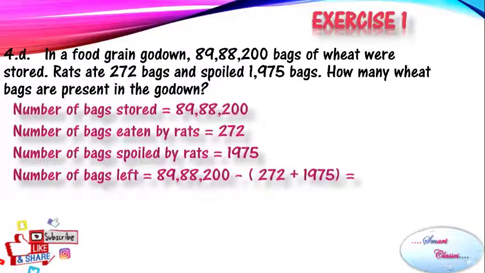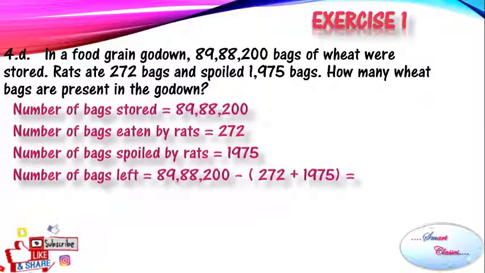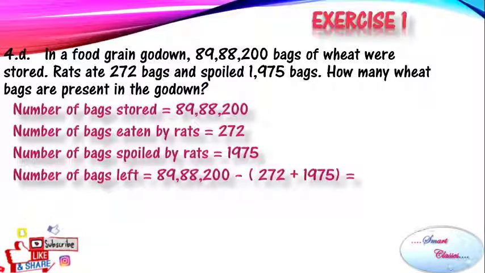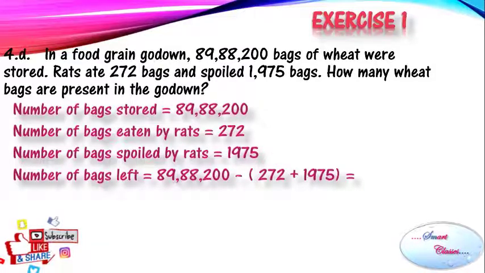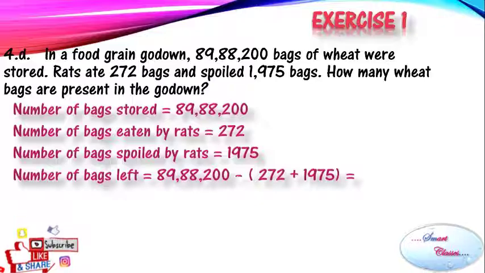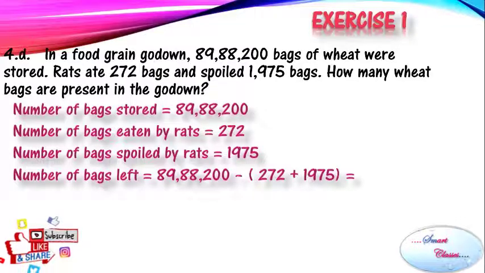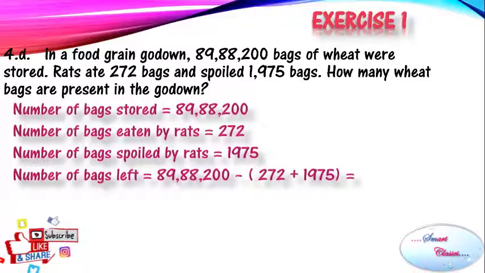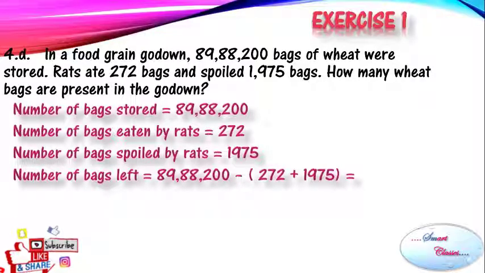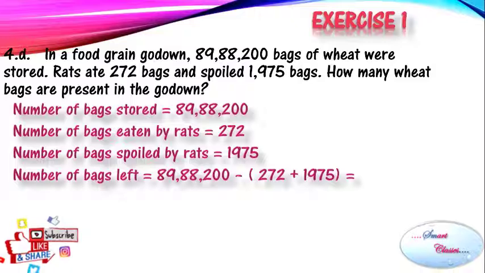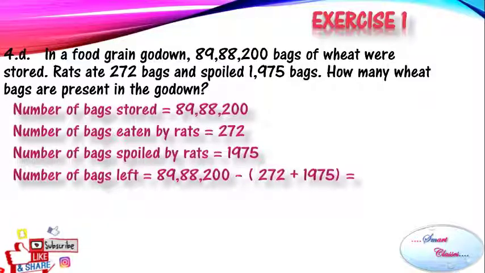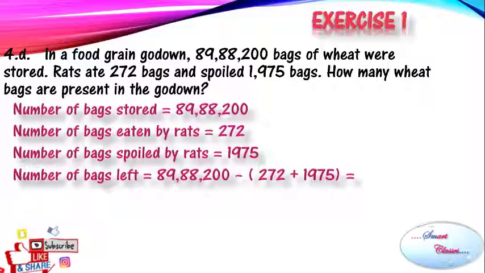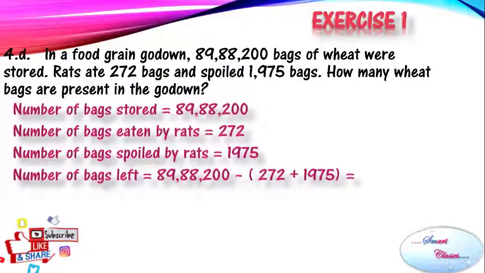So we'll get the answer by, first of all, adding the number of bags which have been eaten by the rats and which have been spoiled by the rats. We'll first add these two numbers, then we will subtract it from the total number of bags. So here it is: 89,88,200 minus 272 plus 1,975.